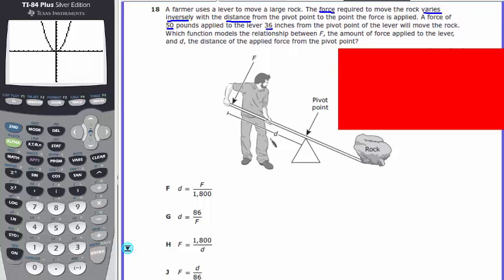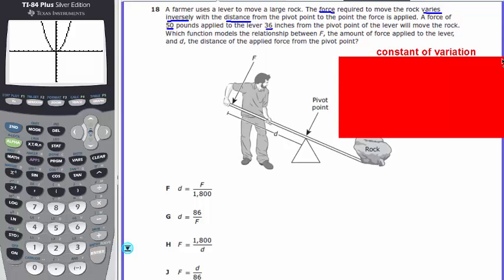Okay, so before we tackle this problem, let's understand some things that they like to ask on the STAAR test, okay? And the topic that is behind this question is constant of variation. Constant of variation is something that describes the change between two variables.